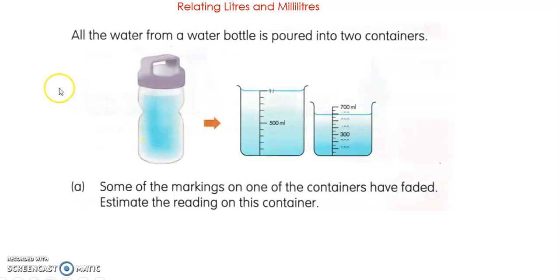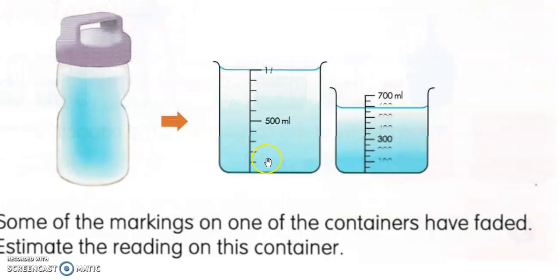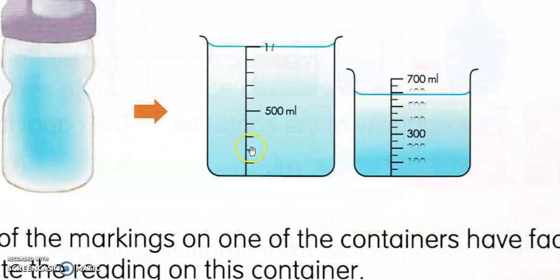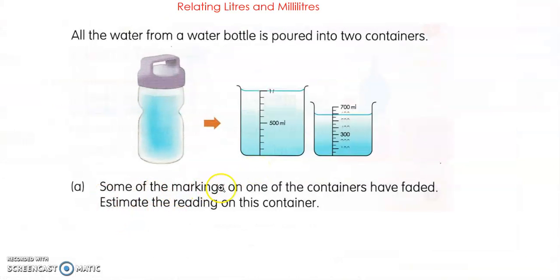Let's see this example here. All the water from the water bottle, this is the water bottle, is poured into two containers. We have this container and this one. Some of the markings, these lines here, are called markings, okay? Some of the markings on one of the containers have faded.